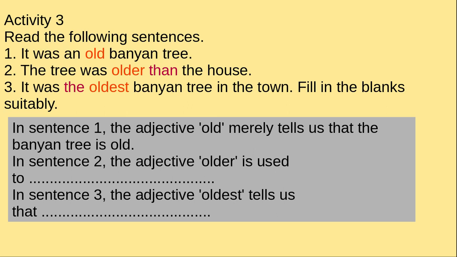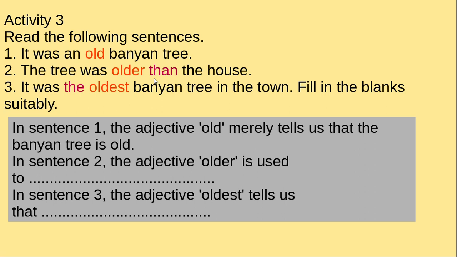First one is done for you, and the adjective old merely tells us that the banyan tree is old. That is telling about a simple quality. We have learned that no comparison is made. We have learned that in that video. You watch it again, then you will get a clear idea.